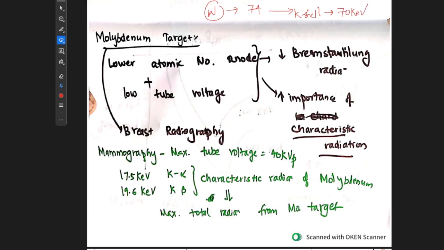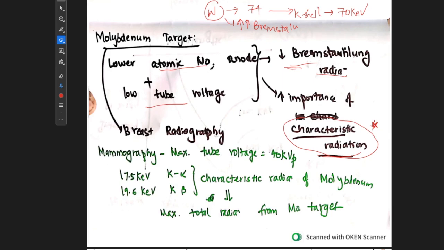Whereas molybdenum has a lower atomic number, and at low tube voltage it produces less Bremsstrahlung radiation. Tungsten produces more Bremsstrahlung radiation, whereas molybdenum will produce less Bremsstrahlung radiation and produces more characteristic radiation or photoelectric effect.